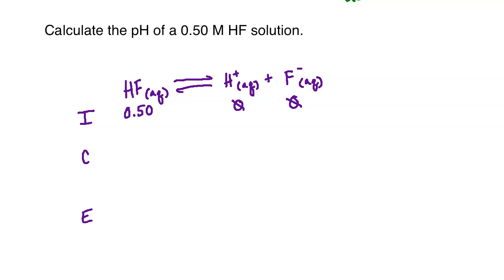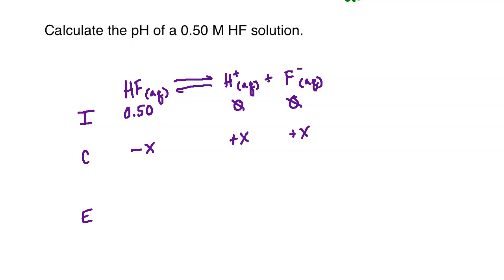Okay, now the change is that I'm going to lose some amount of HF, which we will call X, and I am going to gain that same amount as H+ and as F-, right? Because every HF molecule is made up of one hydrogen and one fluorine.